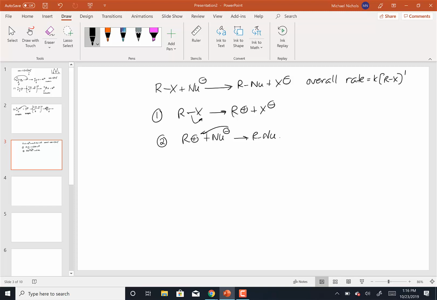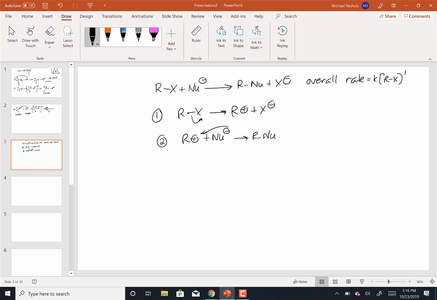When I talk about kinetics, I know that I'm going to be talking about kinetics a year later. So when I look at kinetics, I say, remember that the overall rate equation has to come from an experiment. Right? I need to take my alkyl halide, my nucleophile concentrations, change them one at a time to get that overall rate equation. It has to come from experiment. And you might say, well, what else could it come from?